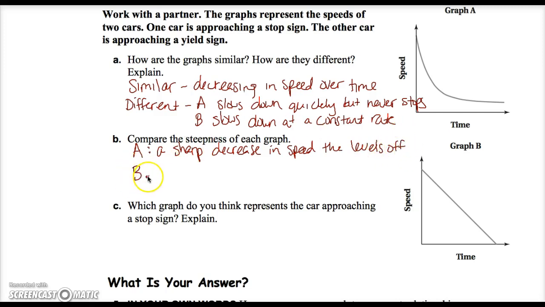For B, they slow down to a stop, because that's where the graph would meet down here, because their speed would be 0, at a constant rate.